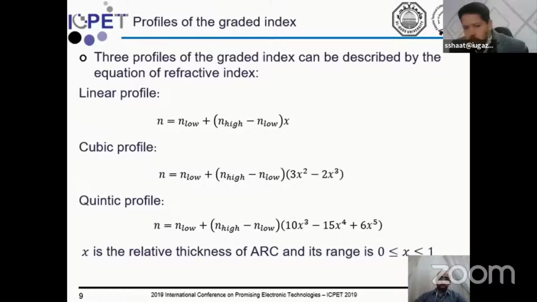Now, to study the graded index layer, we have 3 profiles described by the equation of refractive index: linear profile, cubic profile, and quintic profile, where the x in these equations describes the relative thickness of the anti-reflection coating and its range falls between 0 and 1.